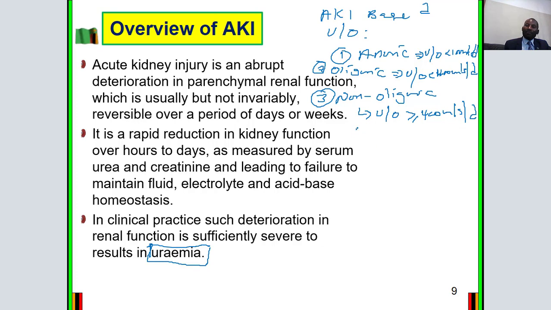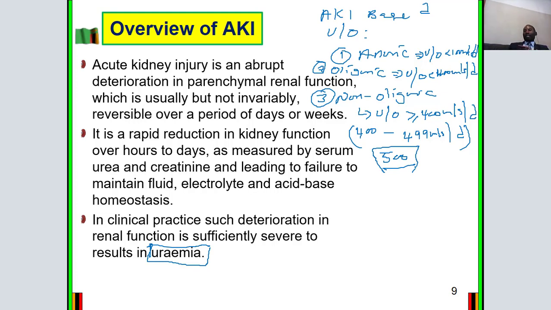So this ranges from 400 to 499 mils per day. Very important. Immediately we reach 500, it is normouria. Okay. So very important, need to know.